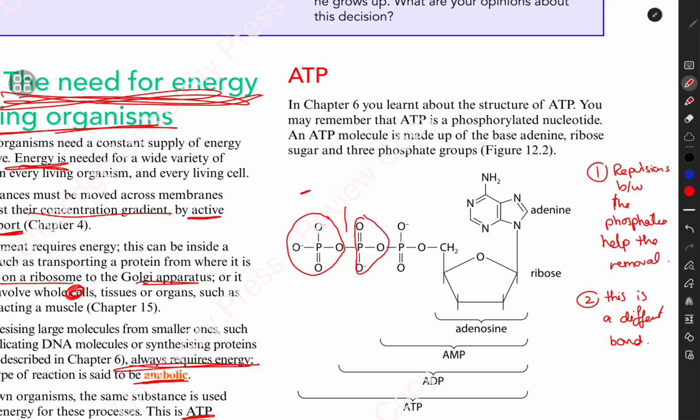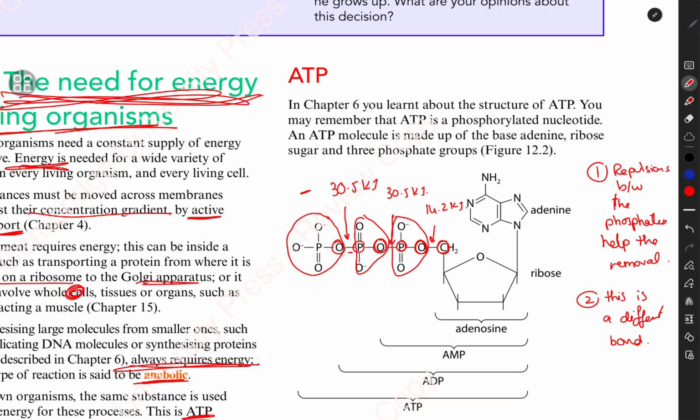The bond you see here is between an oxygen and a phosphate, and if we break that bond, we get 30.5 kilojoules of energy. Same thing here, we have an oxygen and a phosphate, and breaking this bond gives us 30.5 kilojoules. But here we have an oxygen and a carbon. Breaking the oxygen-carbon bond only gives us 14.2 kilojoules of energy.